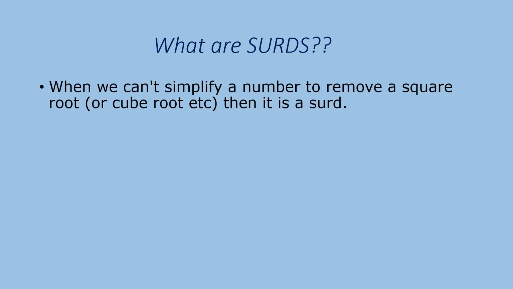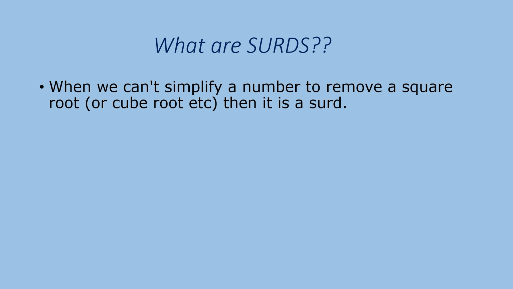Surds are those numbers, or you can say those things, which you can't simplify. For example, if you have any number and you can't simplify it further by removing a square root or a cube root, then that number is known as a surd. You cannot say that the number 2 or the number 3 is a surd.